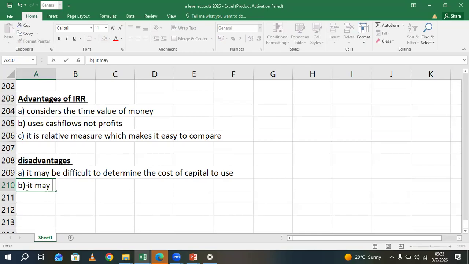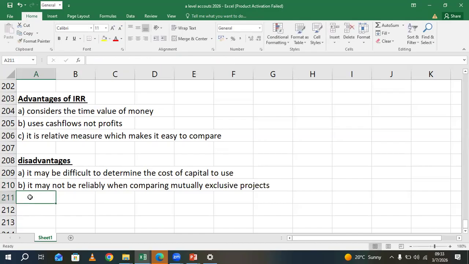It may not be reliable when comparing mutually exclusive projects. If projects are mutually exclusive, we are saying they have no link between them.